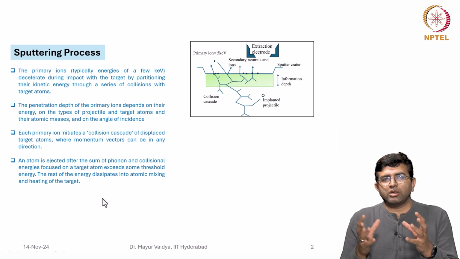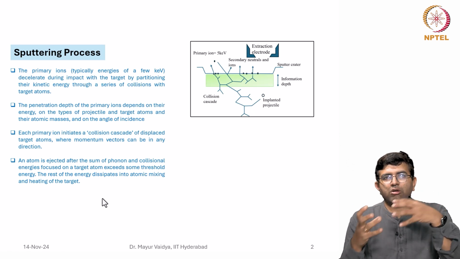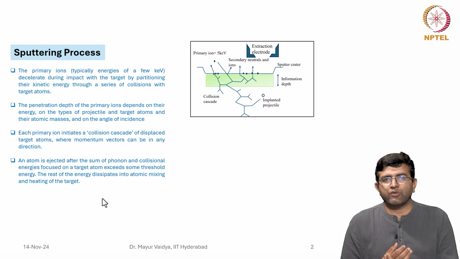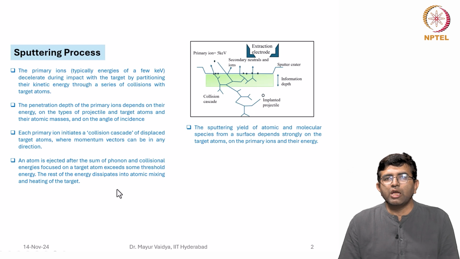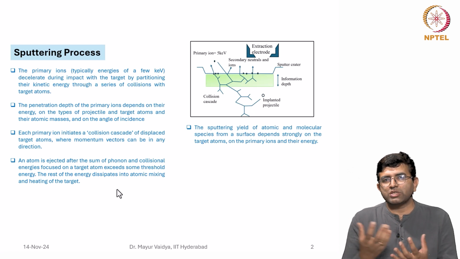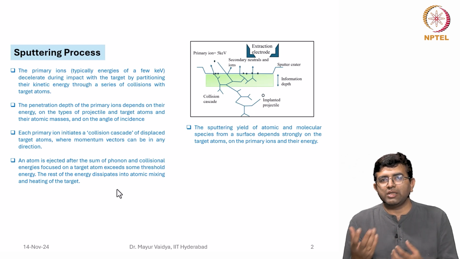So what we want to say is that when a primary ion beam is incident on a target, certain atoms can be ejected out of the surface. This yield of atomic and molecular species coming out of a surface strongly depends upon the target atoms, the primary ions, and their energy.